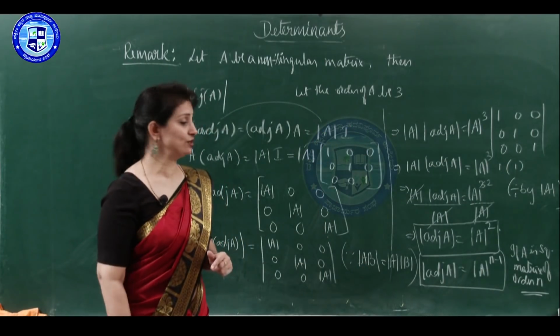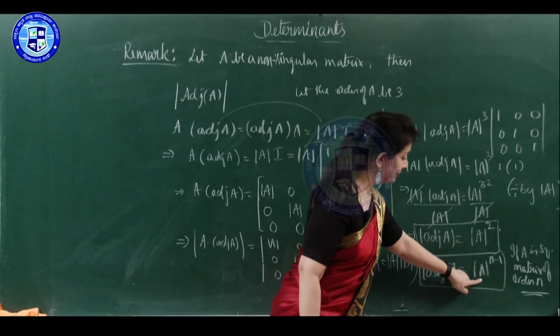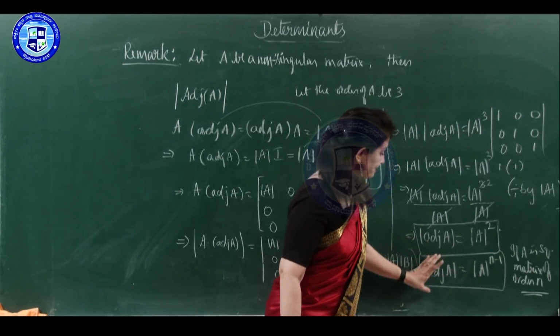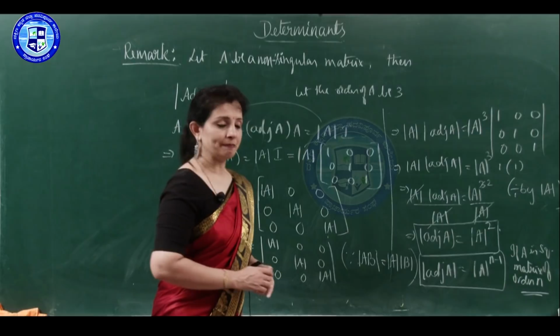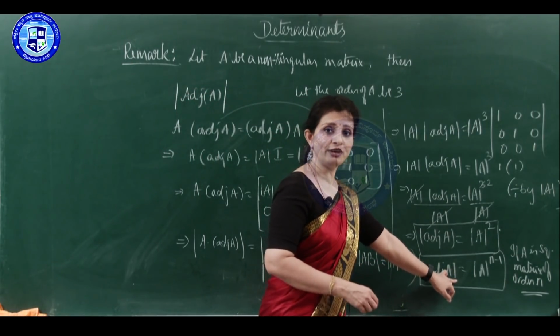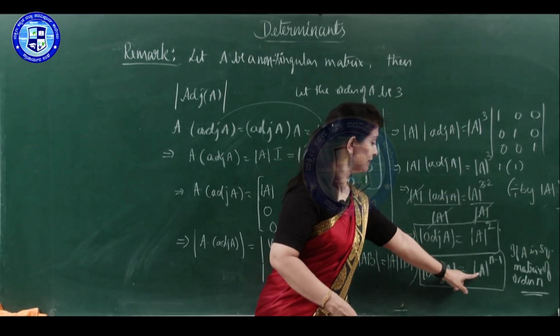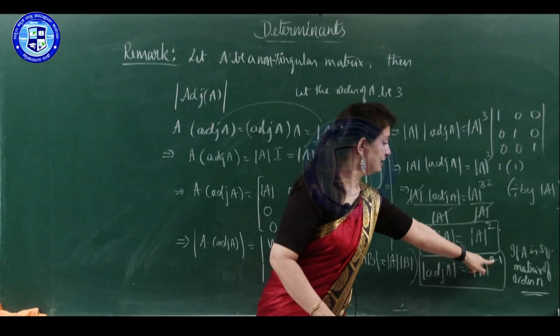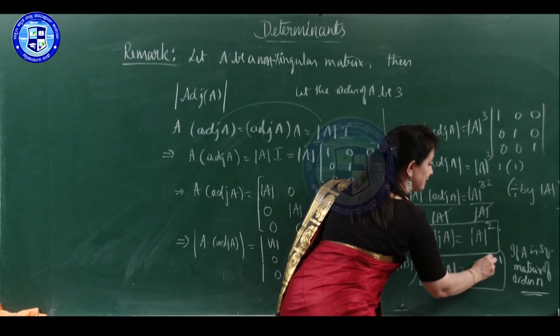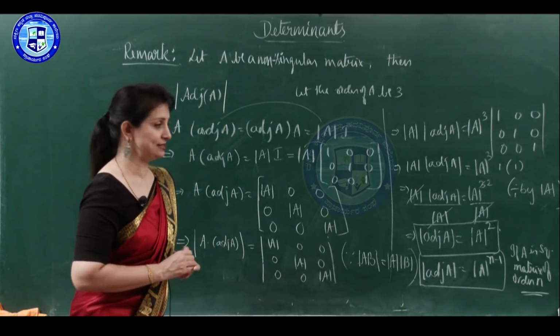If A is a square matrix of order n, then determinant of adjoint A is equal to determinant A to the power n minus 1. Please make a note of this formula. So, here we can find the determinant of adjoint A without finding the adjoint A if the value of matrix A is given. Find the determinant of A to the power n minus 1, where n is the order of a square matrix A. Please make a note of this, students.